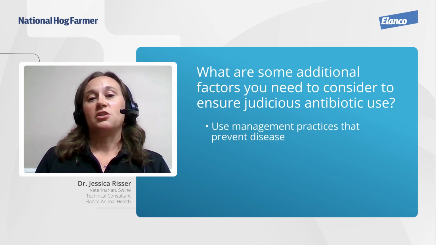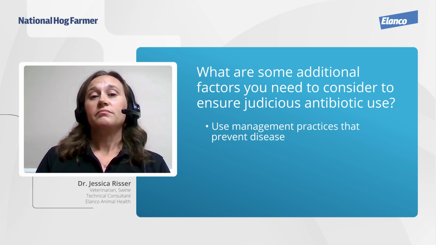We talk a lot in the industry about biosecurity, but really the top three things that are important to a pig are water, fresh air, and feed. They want really good quality water and lots of water, and they want fresh air and the right amount of feed and a good quality feed. And those three things are really important. Other preventative health practices could be vaccination programs to help prevent or mitigate some of that disease.